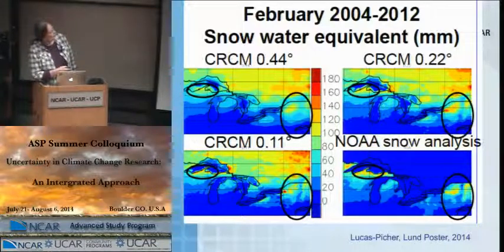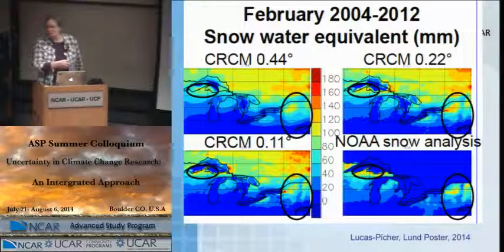And so here, this is lake effect snow in the winter, in February specifically. And you actually see it. These are the observations down there. It's a little bland, let's say, at 0.44, pretty good at 0.22, and I suppose you could say it's best at 0.11. But the question is, is this good enough?